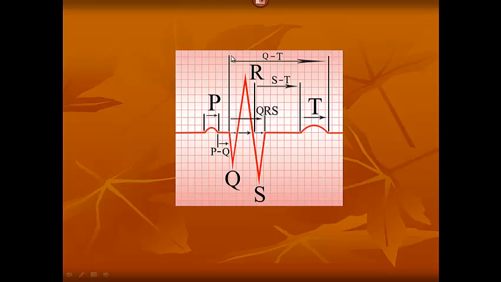We have the QT interval, the ST segment, and the T wave. And from one beat to the next, you would see the TP segment.